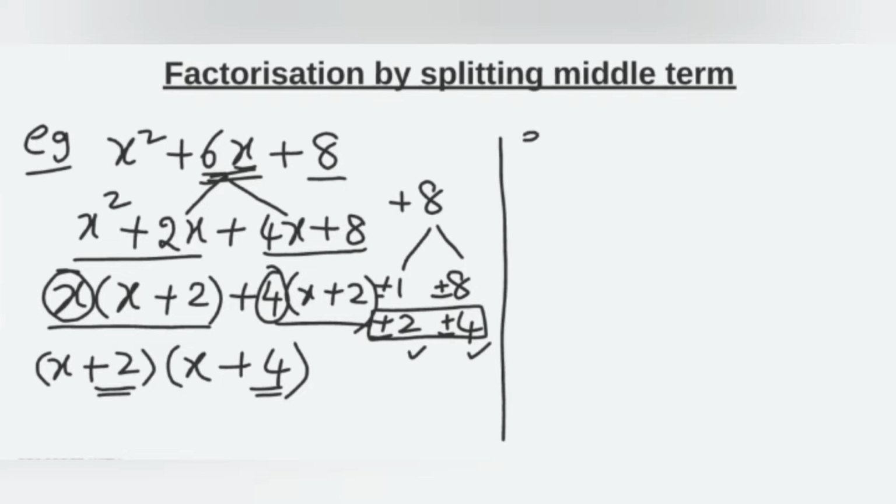Let us take one more example. p square plus 6p minus 16. This is one example. Here, if you observe, the last term is minus 16. Now you are going to find factors of minus 16.